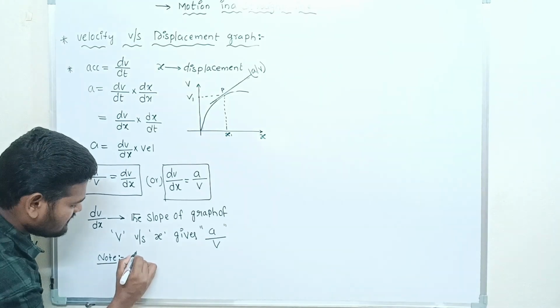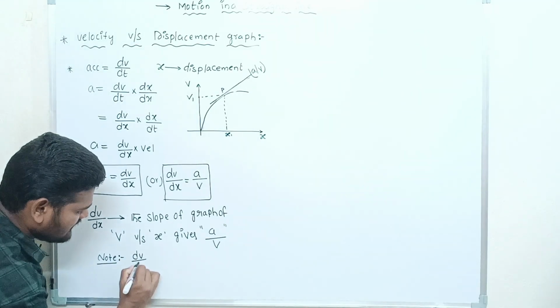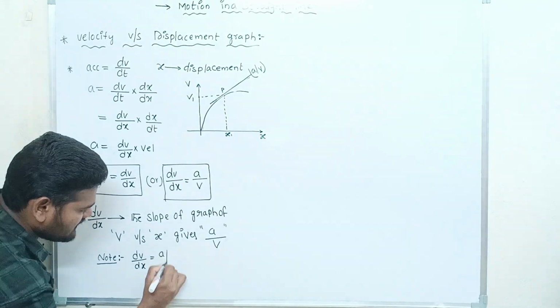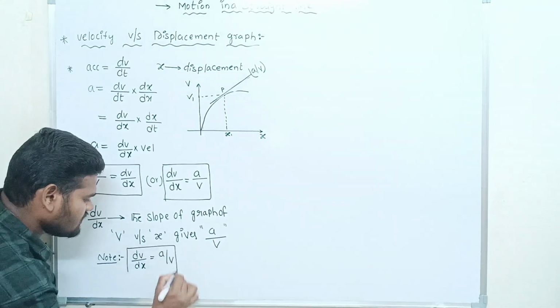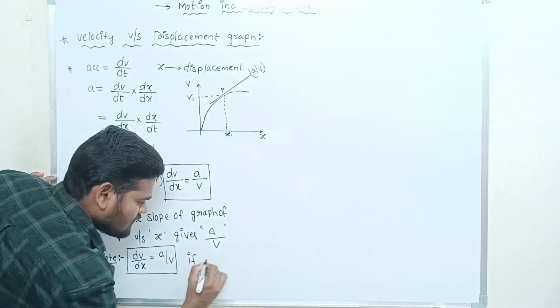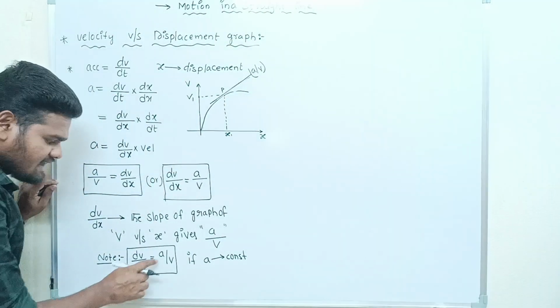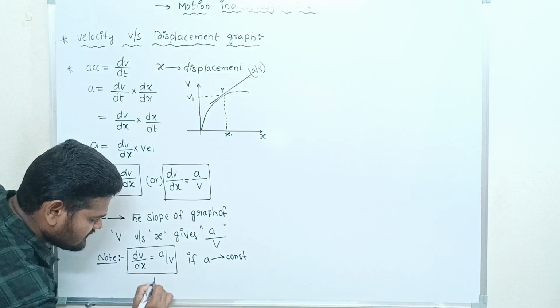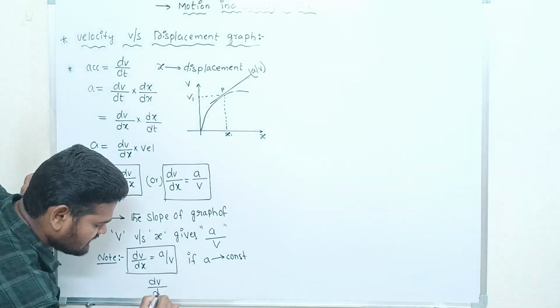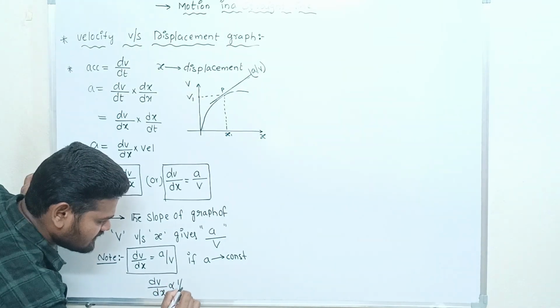So what we got: dv by dx is equal to a by v. If acceleration is constant, then dv by dx is inversely proportional to velocity.